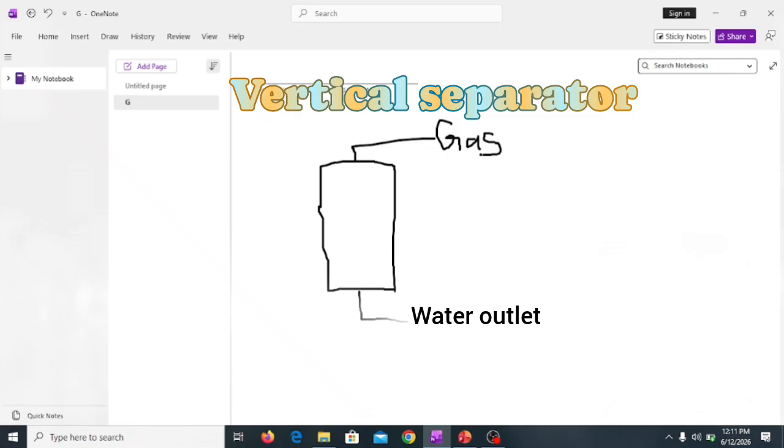So if you get this, we will go further. When we have too much gas in the crude oil, we can use a two-phase separator to separate it, where the gas is easily released and the liquid stays at the bottom.